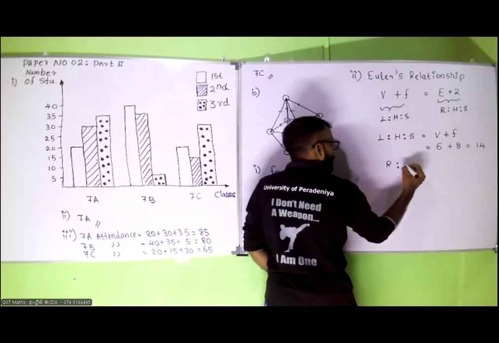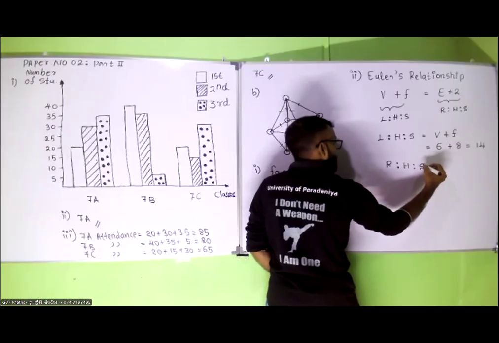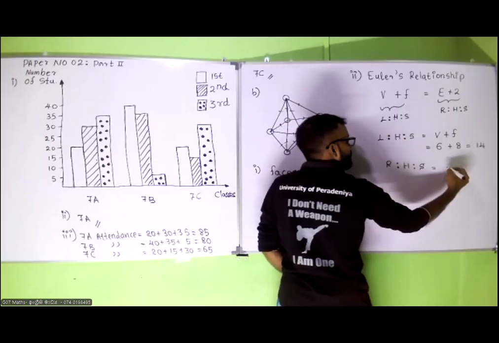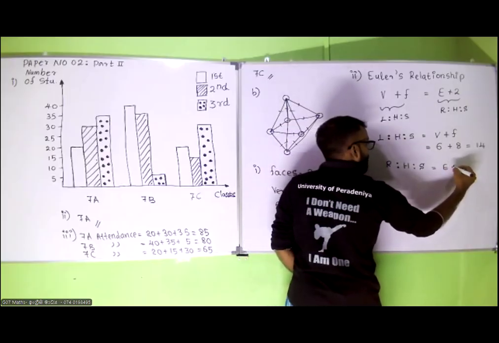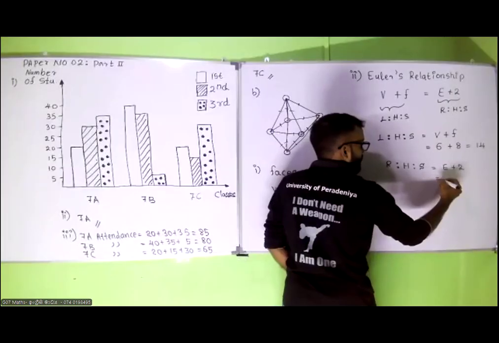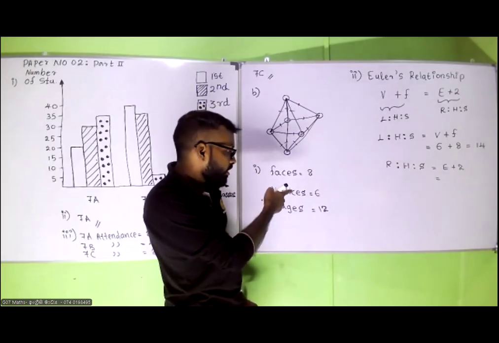Now I will take my right hand side. RHS equals E plus 2. What is my E? Number of edges, here 12.